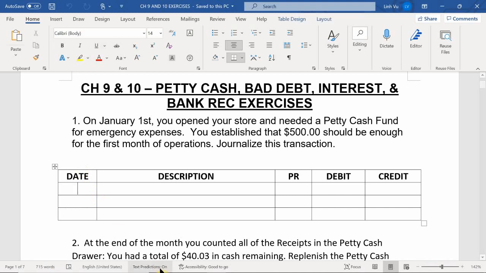Okay. So right now it's January 1st, and you want to establish your petty cash drawer to be $500. So how do you journalize this? You would debit petty cash and credit checking.